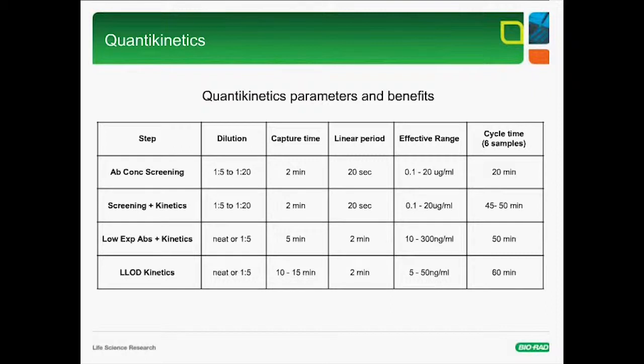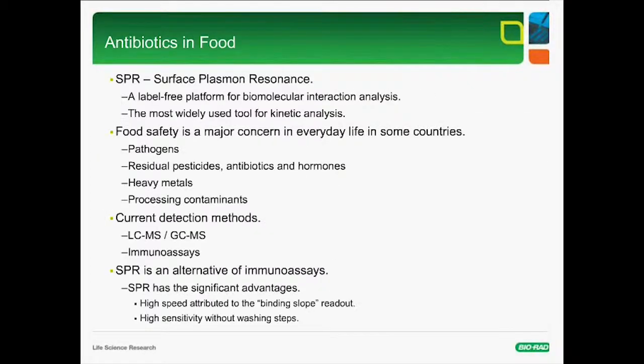As we see, usually within 1 hour, you can complete the quantitation and kinetic analysis of 6 antibody samples. It is very efficient. And the effective range on the ProteOn XPR36 system is broader than typical ELISA assays.